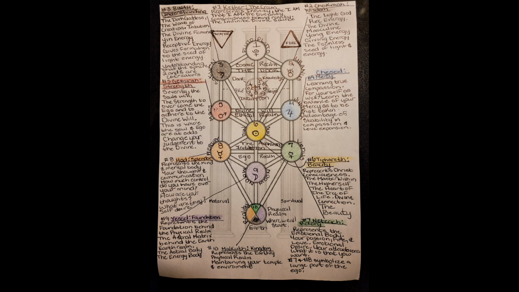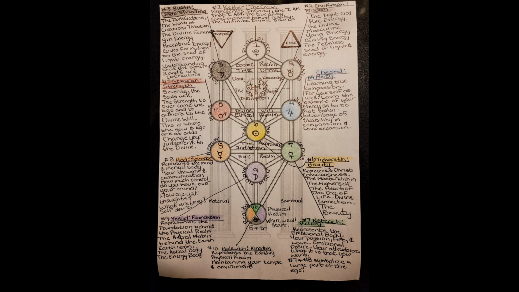Now let's move on to sphere 6. Sphere 6 is shaded yellow, and it's a representation of the sun. Sphere 6's name is Tiphereth, and it's translated to beauty.